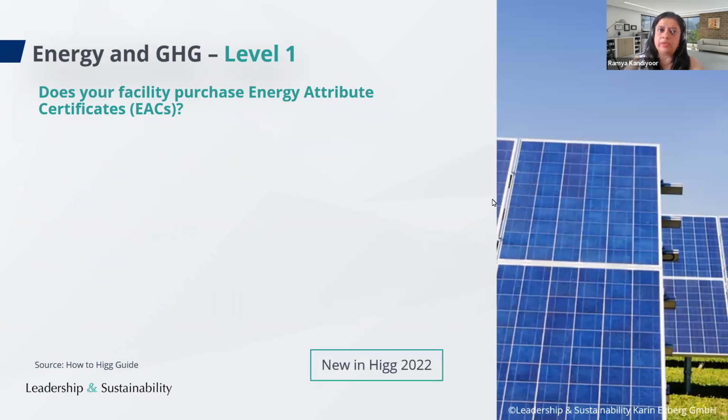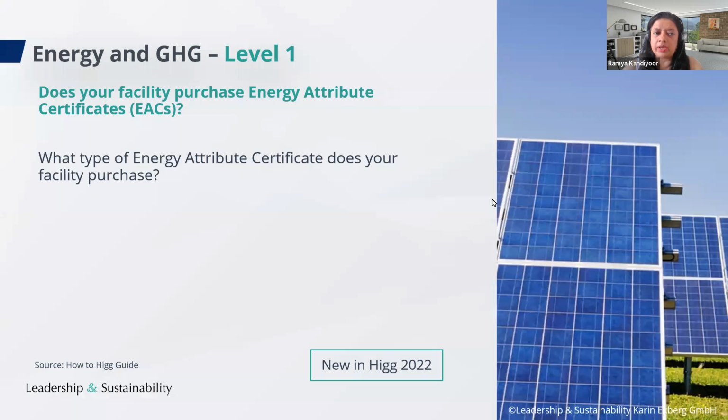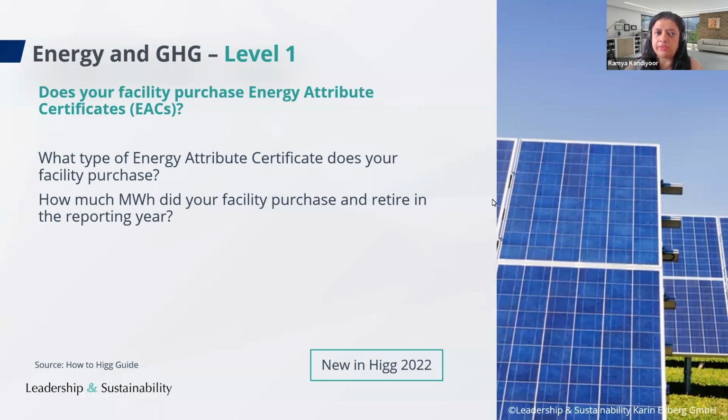And this is a new question that is there in the 2022 module. And this is, does your facility purchase energy attribute certificates? So the question here is, what type of energy attribute certificate does your facility purchase? How much megawatt hour did your facility purchase and retire in the reporting year? And please upload your certificate.